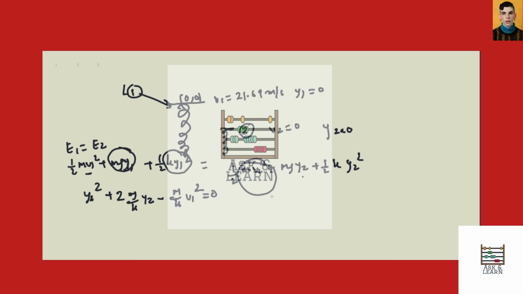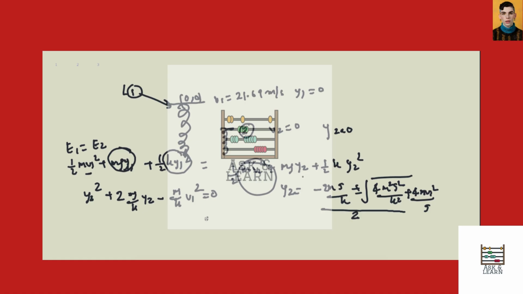So we'll solve for y2 by the quadratic formula. You'll get minus b plus or minus the square root of b squared minus 4ac over 2a, where a is 1, b is 2mg by k, and c is minus m v1 squared by k.